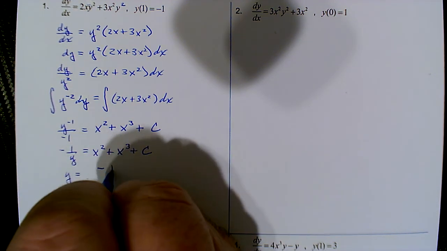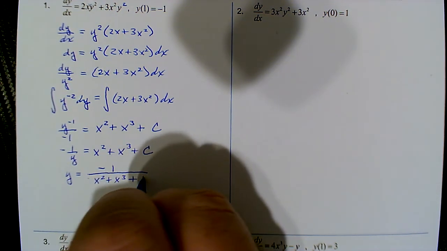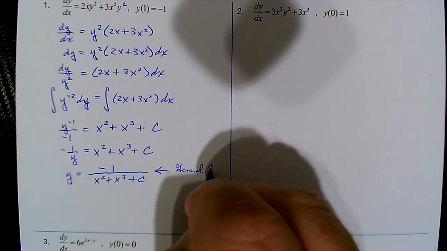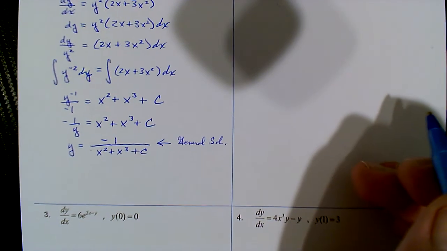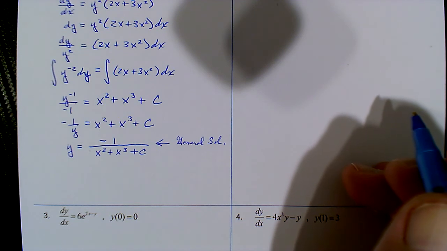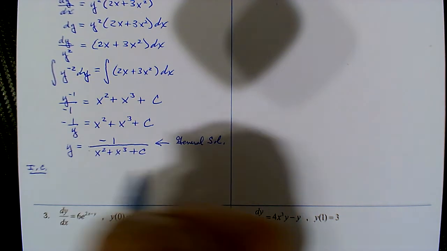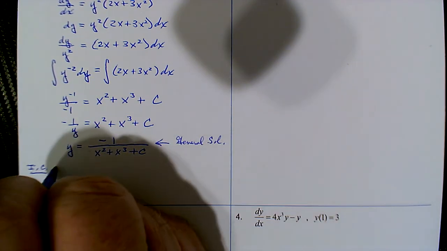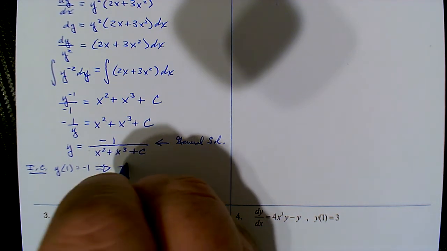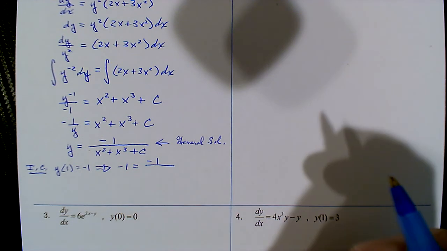And now to find c, the initial conditions are that y of 1 is negative 1, which means that y is negative 1 when x is 1, so negative 1 equals negative 1 over 1 squared plus 1 cubed plus c.